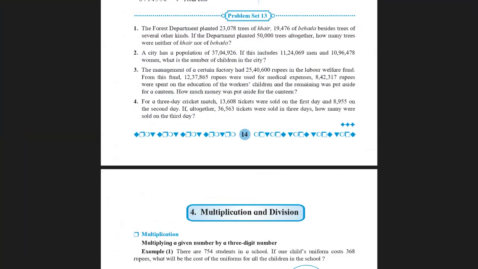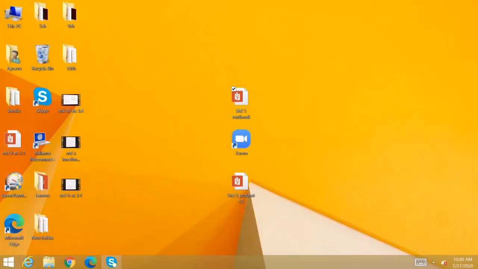Number of tickets sold on the first day, 13,608. Number of tickets sold on the second day, 8,955. So if I were to add the tickets sold on the first and the second day and subtract it from the total number of tickets sold, I would get the number of tickets which were sold on the third day. So that's how I have to do it.